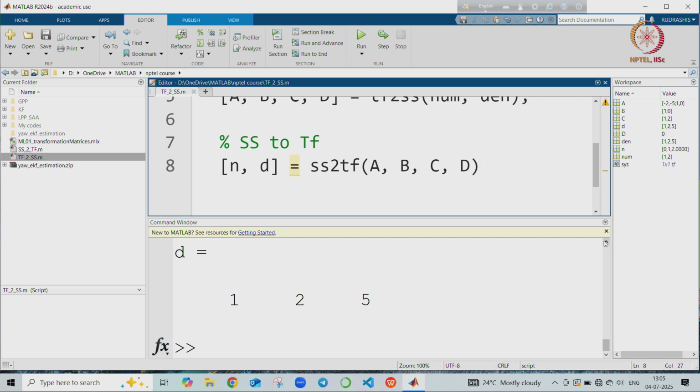So once we get it, it will be easier for us to take some other matrices or transfer functions and convert back and forth. One is from transfer function to state space, another is from state space to transfer function.